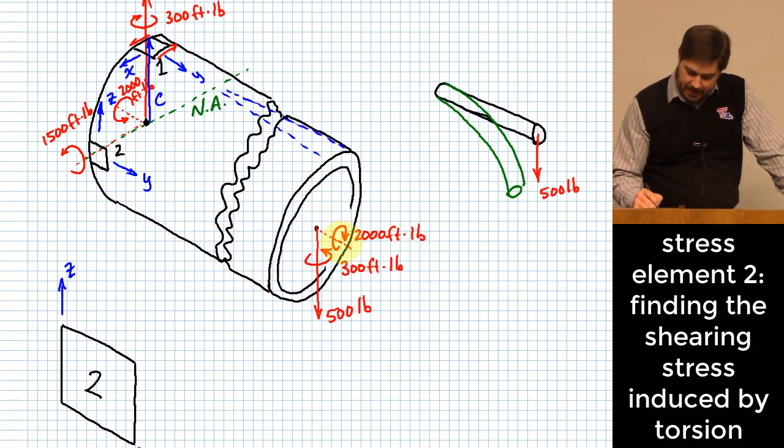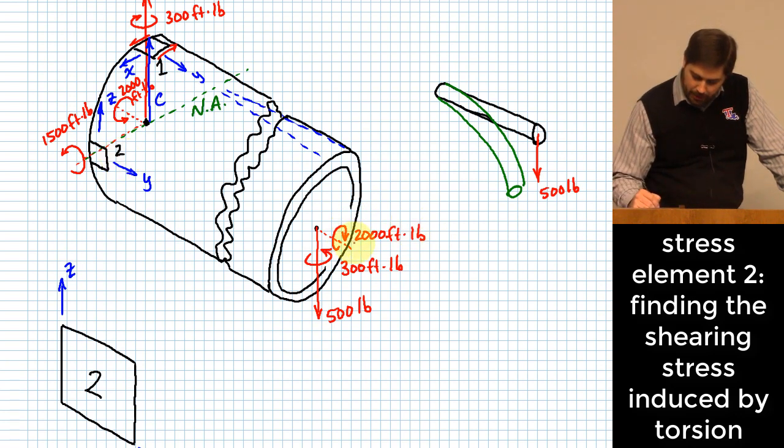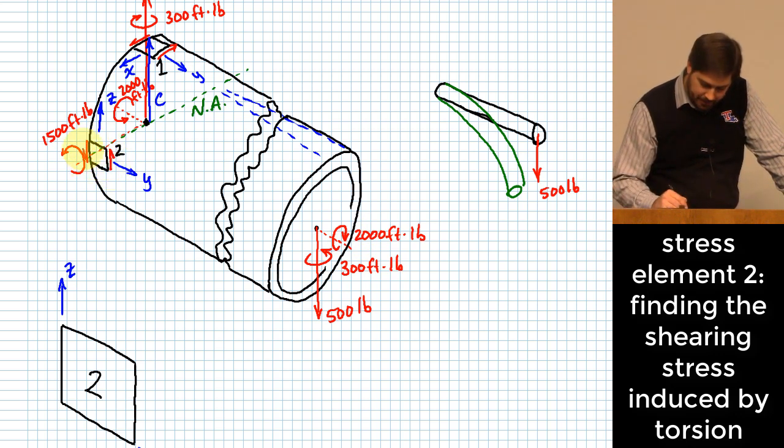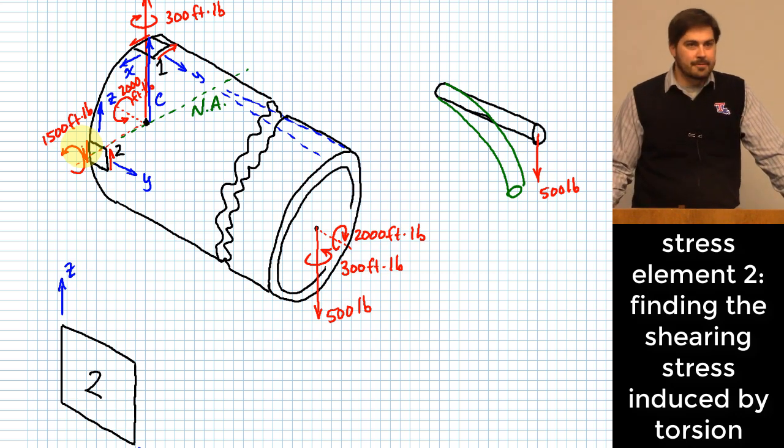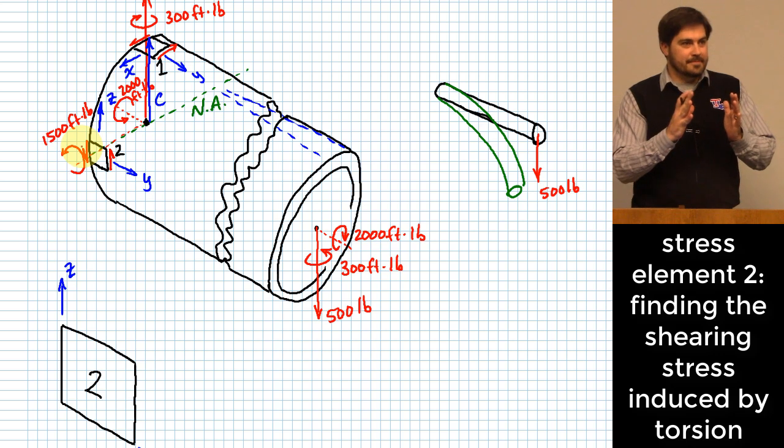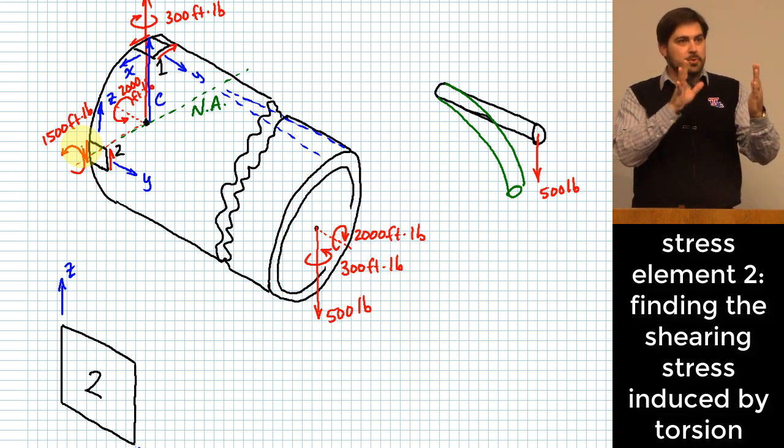So think about this again. The direction of the 2,000 foot-pound torque on the front end of this would essentially try to twist this side this direction, while the other end was held this direction. Do you agree with that? Okay, yeah, the back stays still while the front end would maybe twist a little bit.